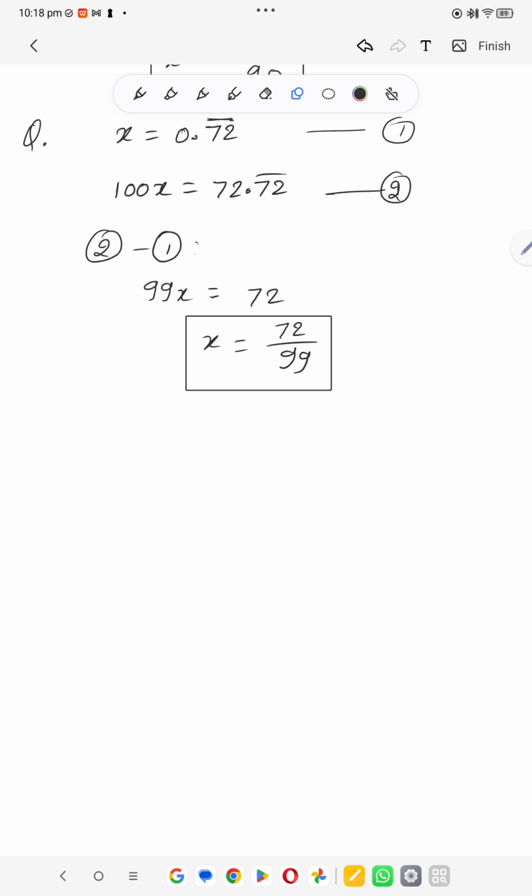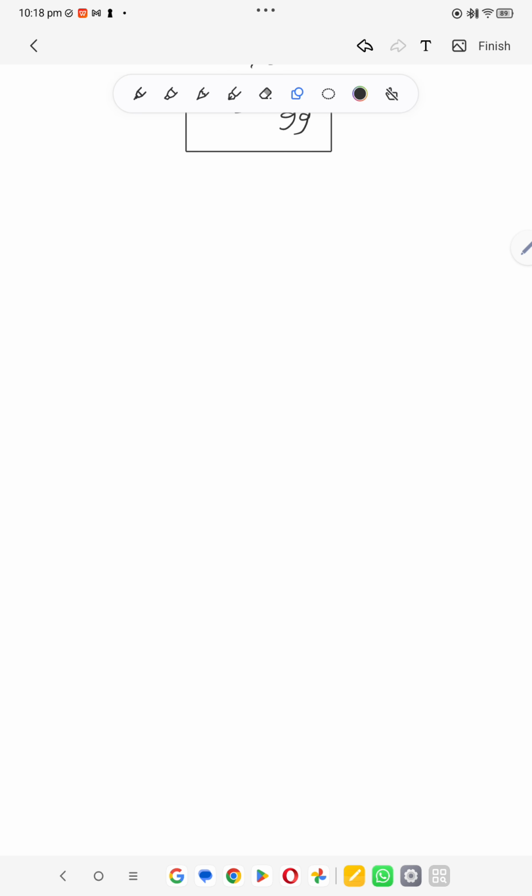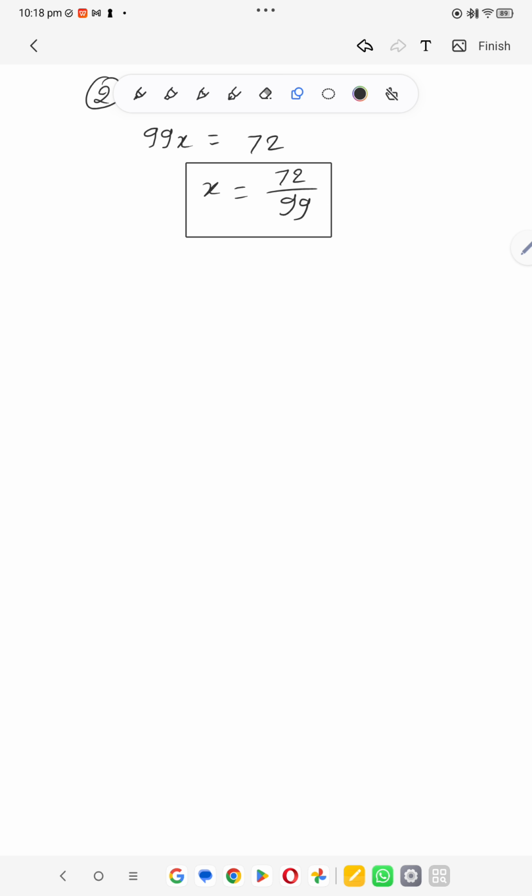Now coming to another concept, and that is what is a function.